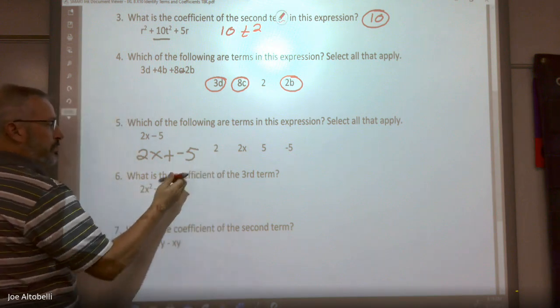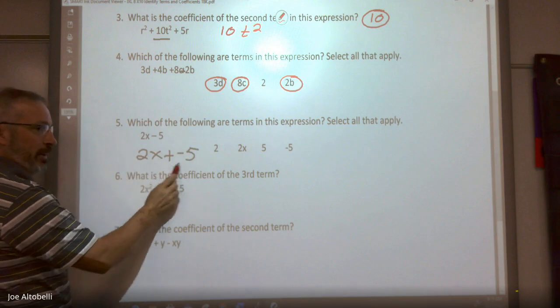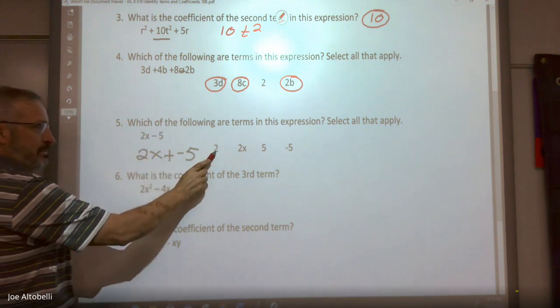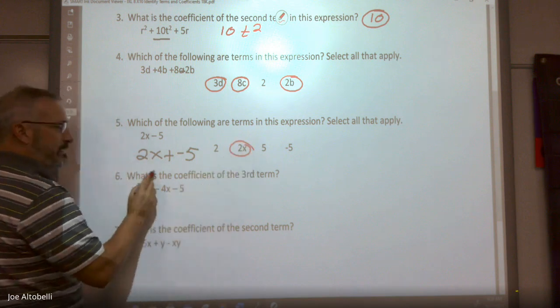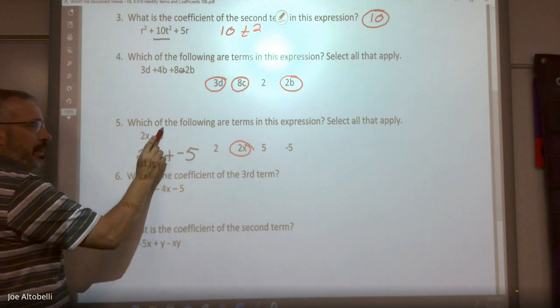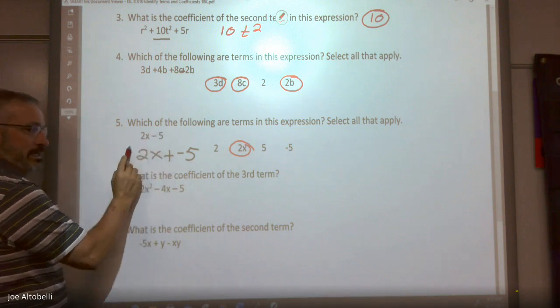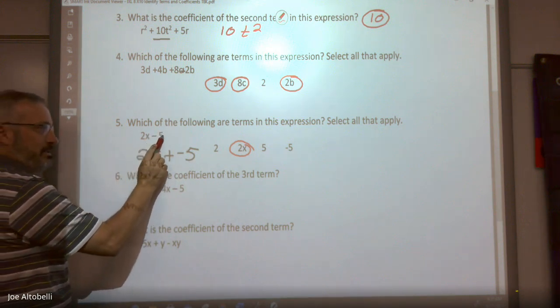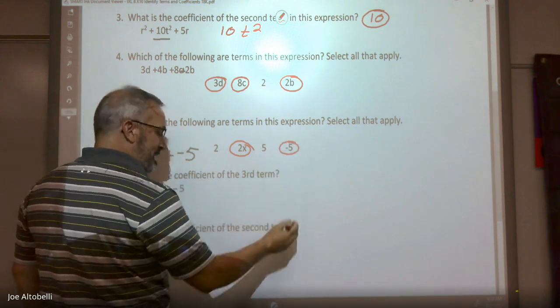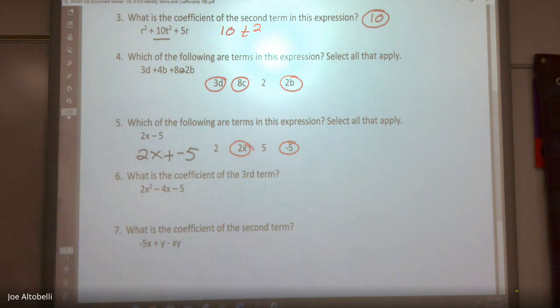Okay, so 2. I don't have just a 2 here all by itself. I don't have a plus 2. Okay, I have a 2x, but that's not the same as 2. 2x, 2x, the 5. No, some people might have thought I had a 5 if they looked at it here, but it's not. It's minus 5, which is the same as a negative 5. So it's the negative 5. It's very important that you understand that difference. Okay, questions?